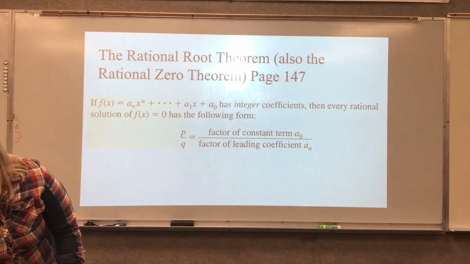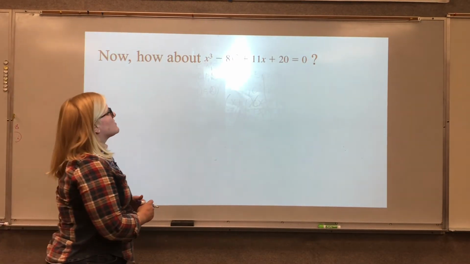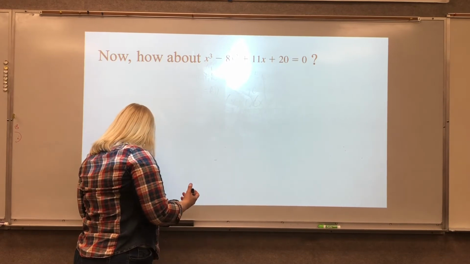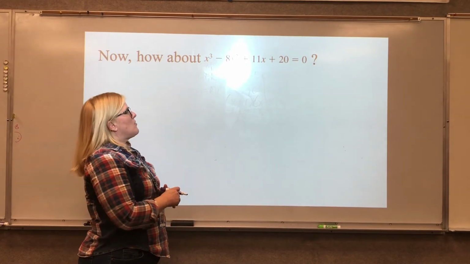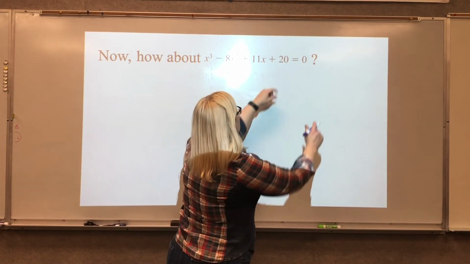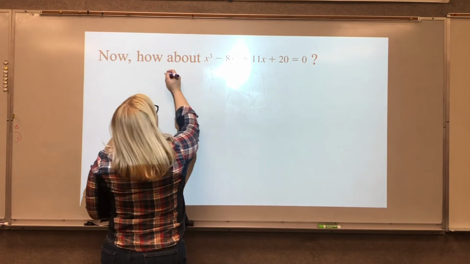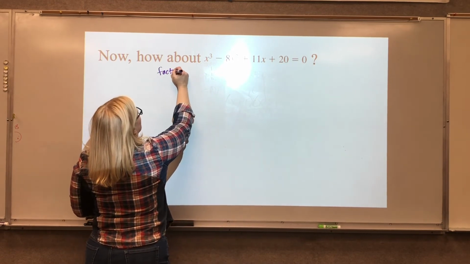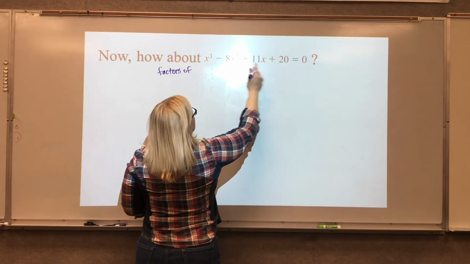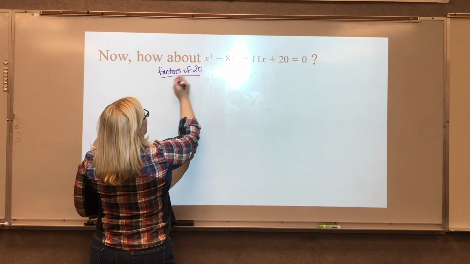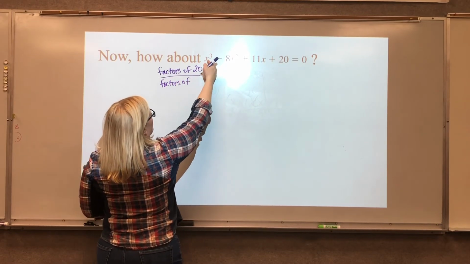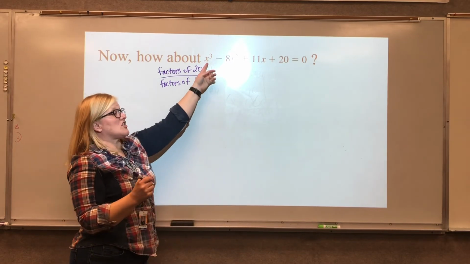All right, so let me show you an example. This is the one I just showed you. And this is how you would solve this problem. I'm going to try to get it in the next couple minutes. So what the rational root theorem says is that I have factors of the last one over factors of this one, which is just a 1, my coefficient.